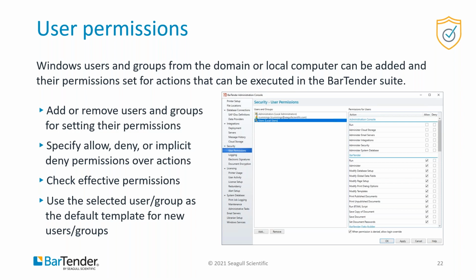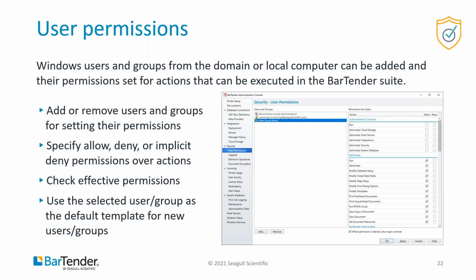In this way, you could set up your users so that certain actions have an implicit deny, so both checkboxes are unticked. But then for a particular user, you can explicitly allow that particular action.